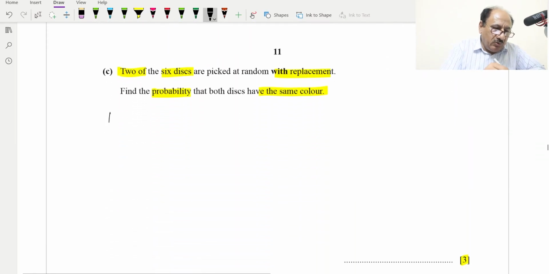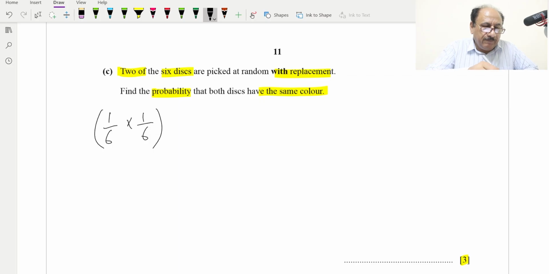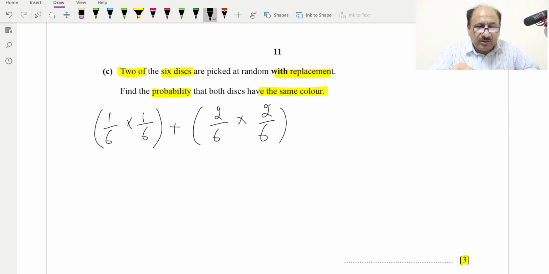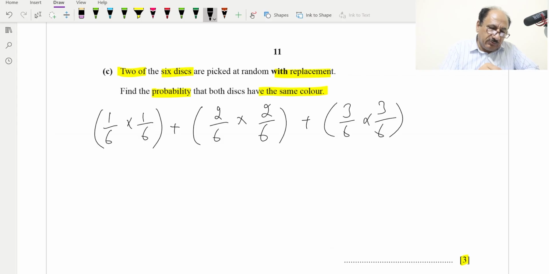One is 1 over 6 for red, and again 1 over 6 because we replaced it. This is not without replacement, this is with replacement. The second can be 2 over 6 into 2 over 6, and the third can be plus 3 over 6 into 3 over 6. This will be the probability which we will be calculating.